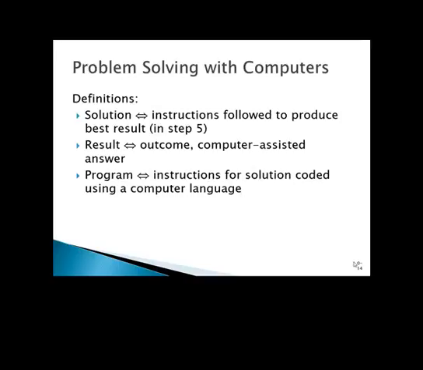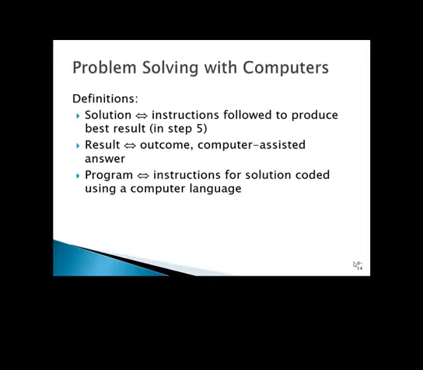So when we have problems that can be turned into computer software, we look at some definitions. Solutions: basically the instructions followed to produce the best result. When you have a solution, it is a series of instructions, steps that can be followed to produce the software.